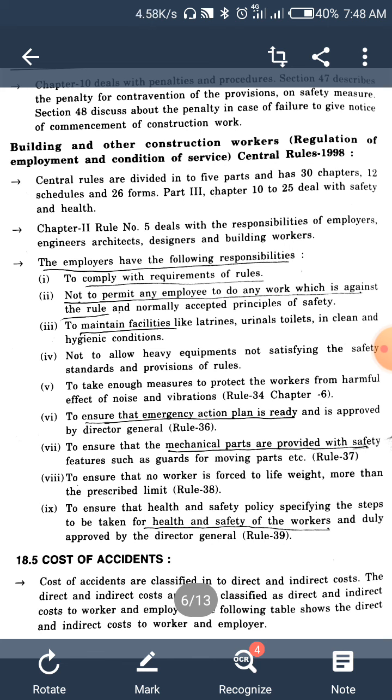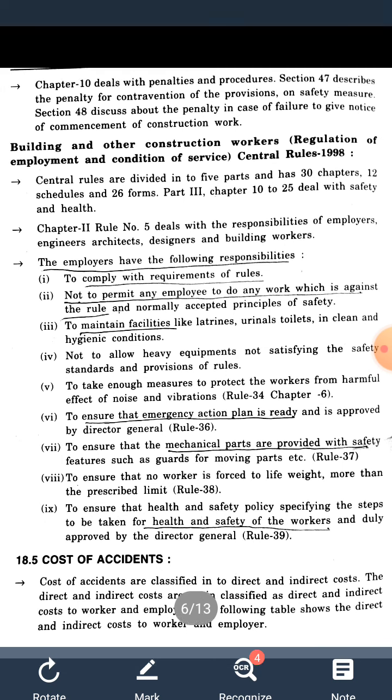And the last one is a health and safety policy specifying the central rules 1998. Now another topic we start is cost of accident.